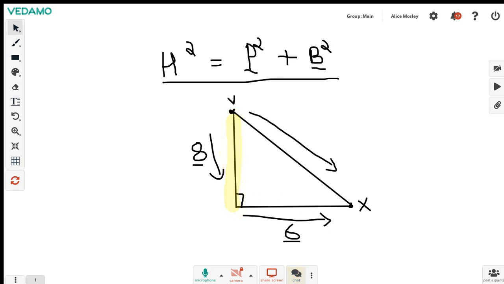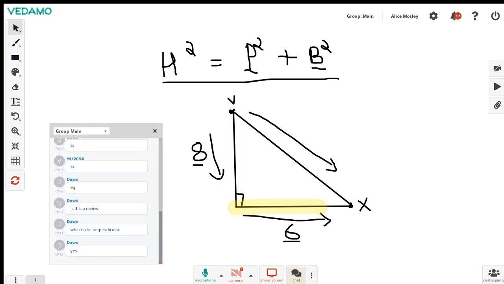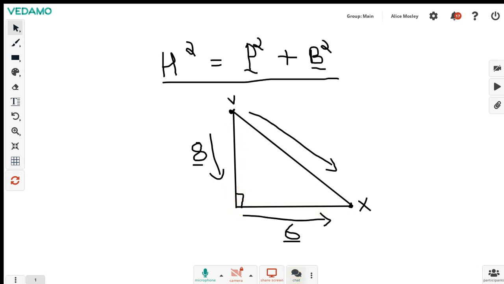Do you remember it now, Miss Dawn? So here the perpendicular is 8, and the other side, which is attached to the angle, is base, which is 6. Yes.